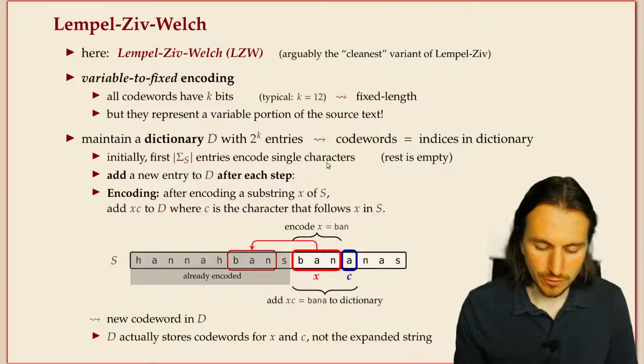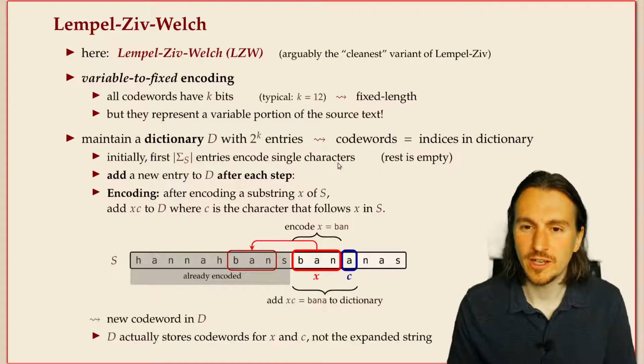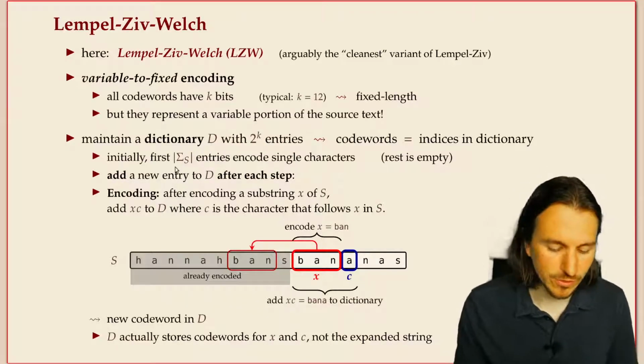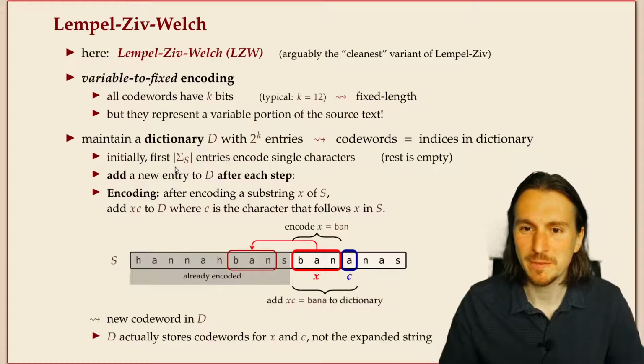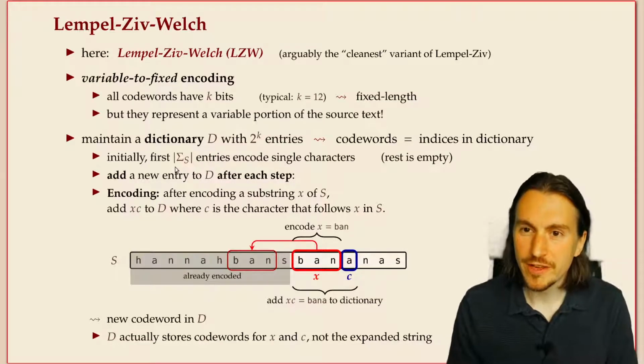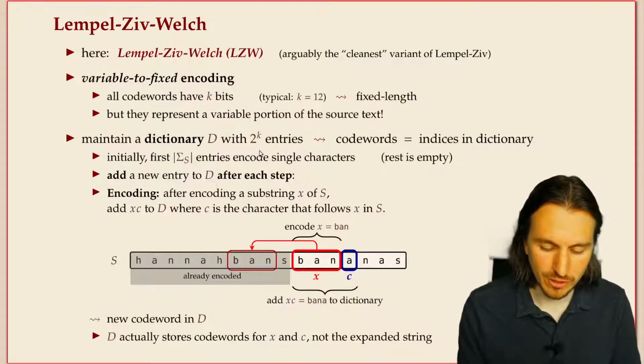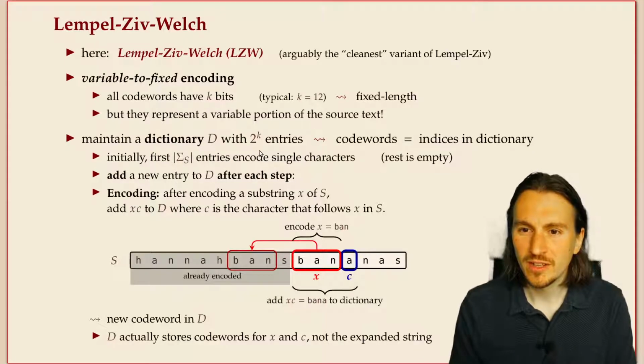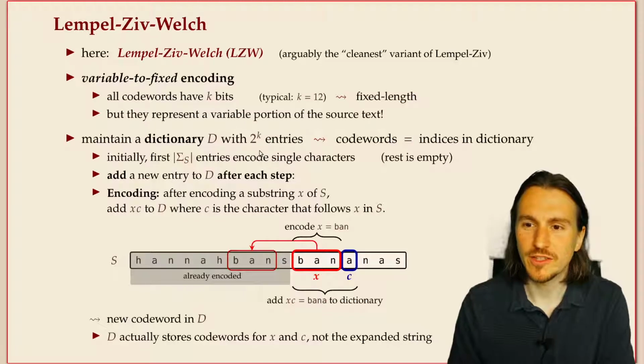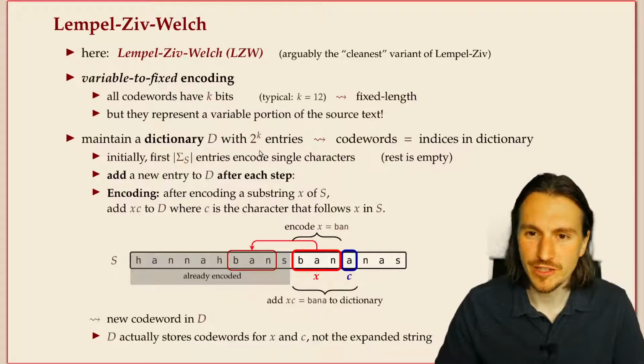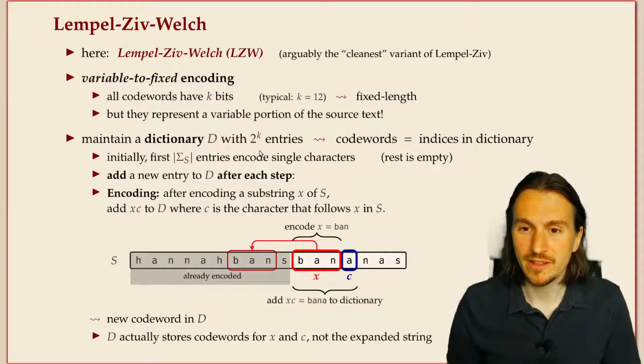So we reserve the first little sigma code words, assigned to the single characters of the alphabet. And all the other code words, so this is usually much smaller than 2 to the k, and all the other slots in the dictionary are reserved for phrases that we will add and that depend on the text.